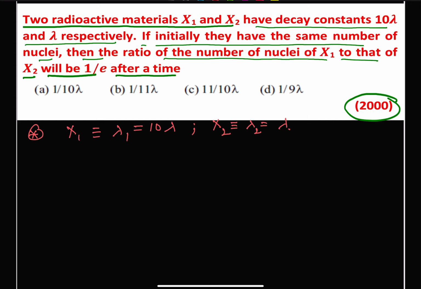And initially it is mentioned that they are having the same number of nuclei. So you can say initially for the first one, that is N1 0, is equal to the second one, that is N2 0. And it says that we have to find out the time. Let us suppose this time is t. So after time t, the ratio becomes 1 upon e.